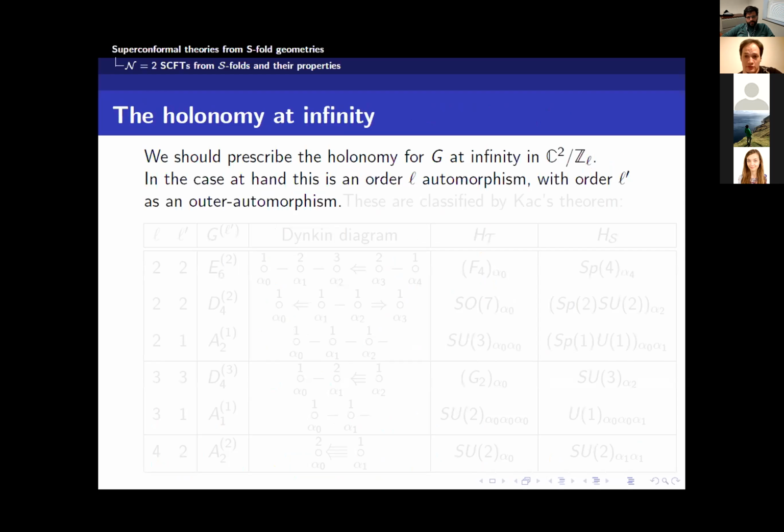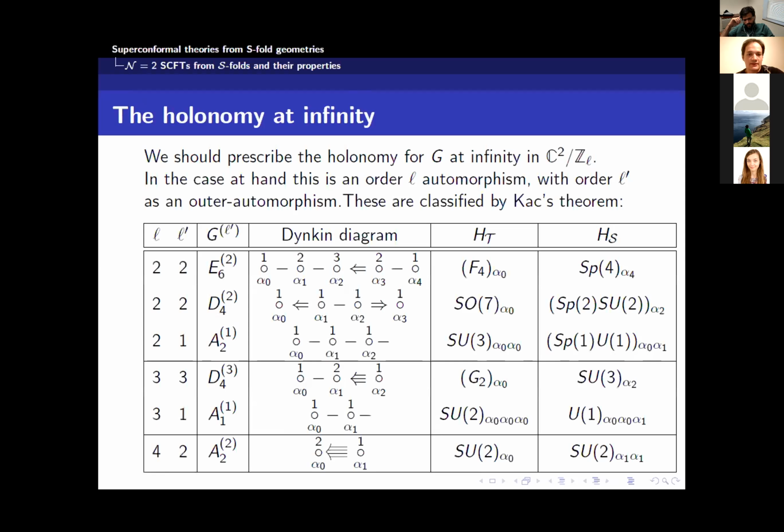And given that we are considering a Z_L orbifold, it's natural to expect this is going to be some automorphism of the group G. This can also be non-trivial, as an outer automorphism of order L prime, where L prime is a divisor of L in general.